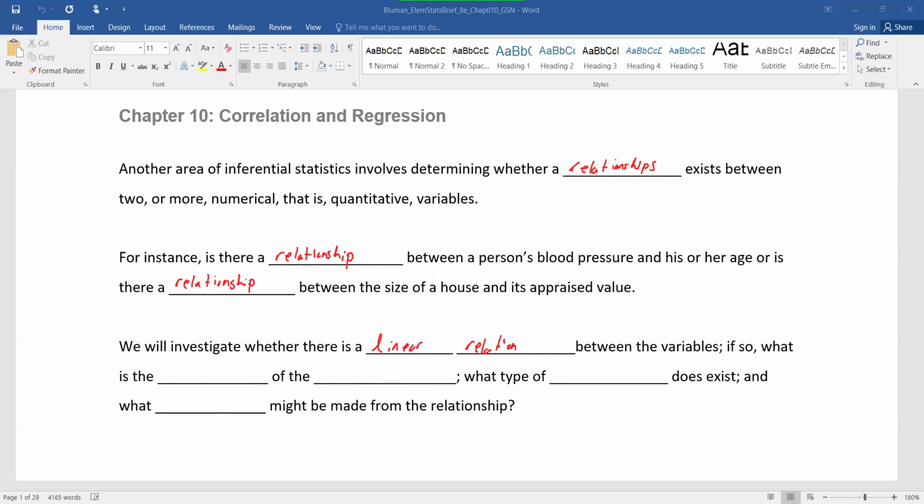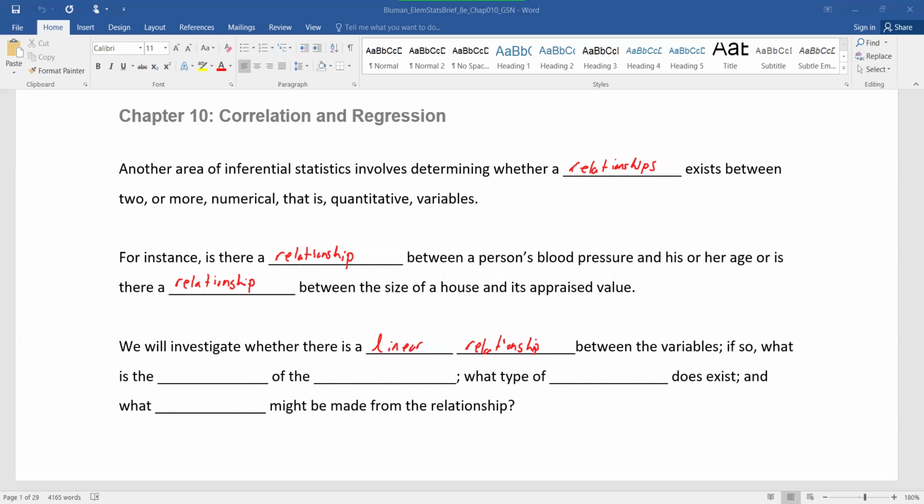And we usually start with linear because it's either going to be a positive relationship, a negative relationship, which is still a relationship, or there's no relationship. A lot of those no relationships could end up being a non-linear relationship, like a quadratic or exponential. You can almost see it with the scatter plot. But we'll start off with just the linear. So, is there a linear relationship between the variables?